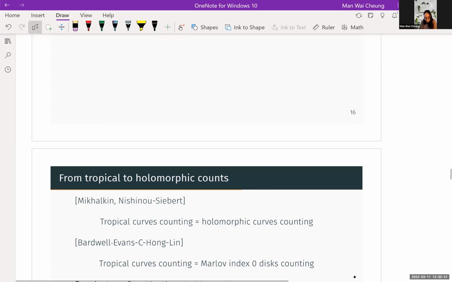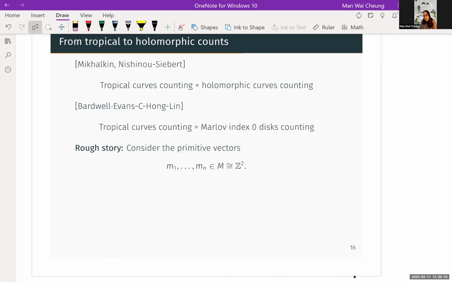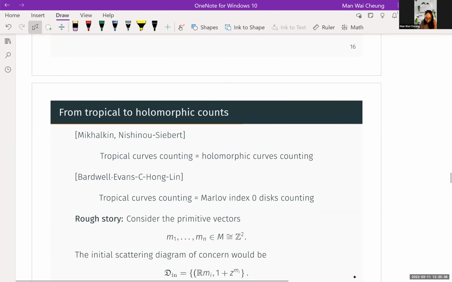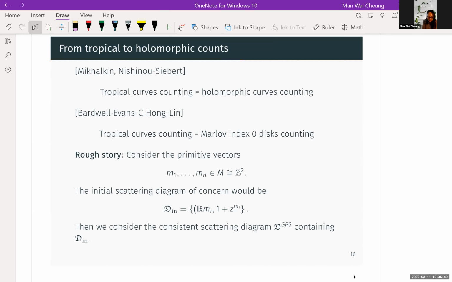And then here comes a very, very rough story of how things go. It's super rough, which is we consider a collection of primitive vectors in rank 2. And then we define an initial scattering diagram of this form, which is we have all those vectors, and then we look at the line with that direction.